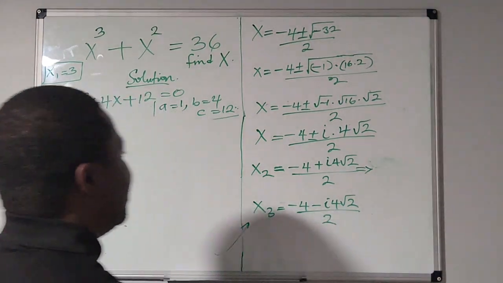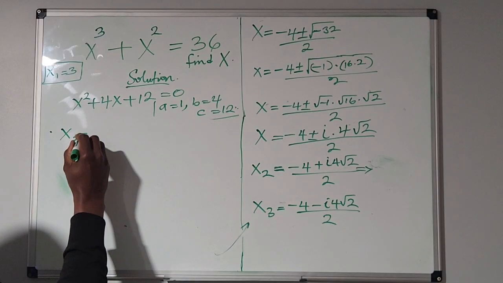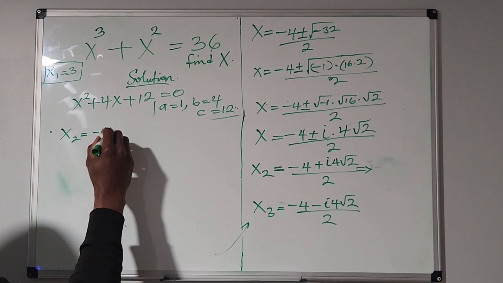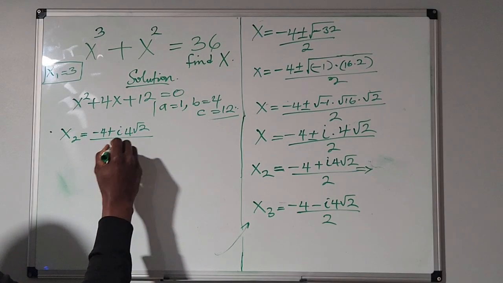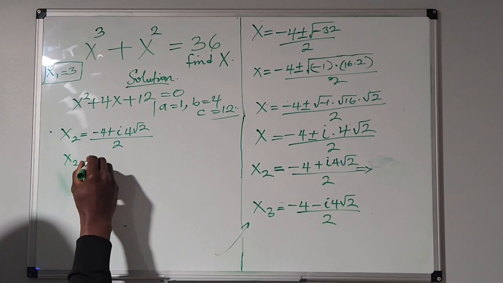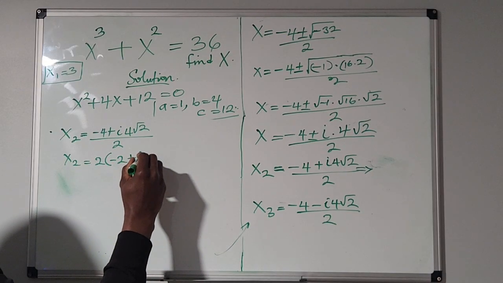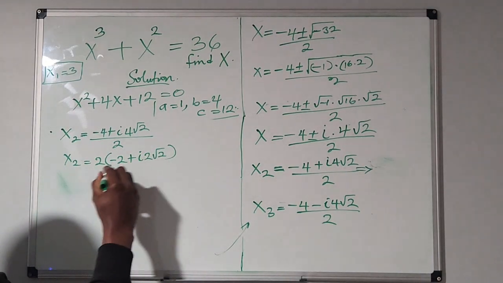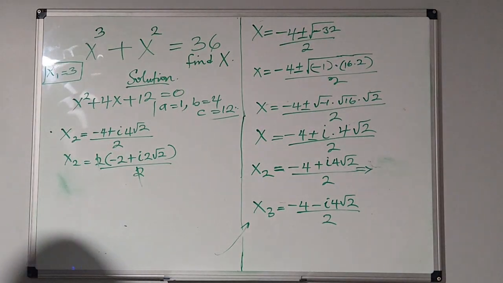I want this to be really clear. So we have x2 equals minus 4 plus i4 root 2 divided by 2. And if we factor out 2, it becomes, divided by 2, that cancels out.